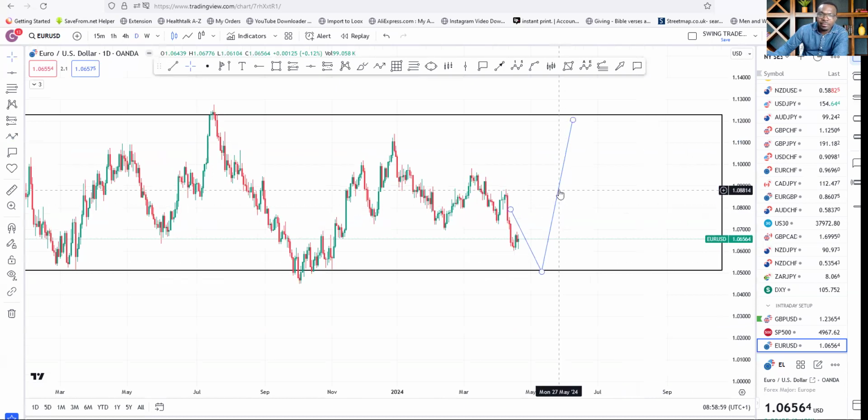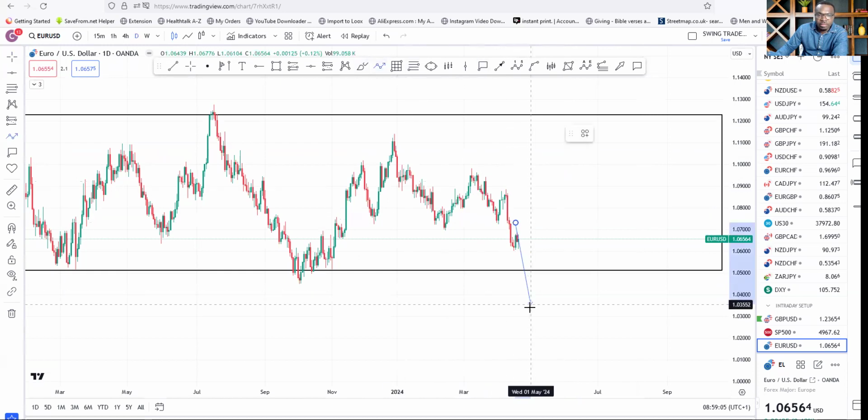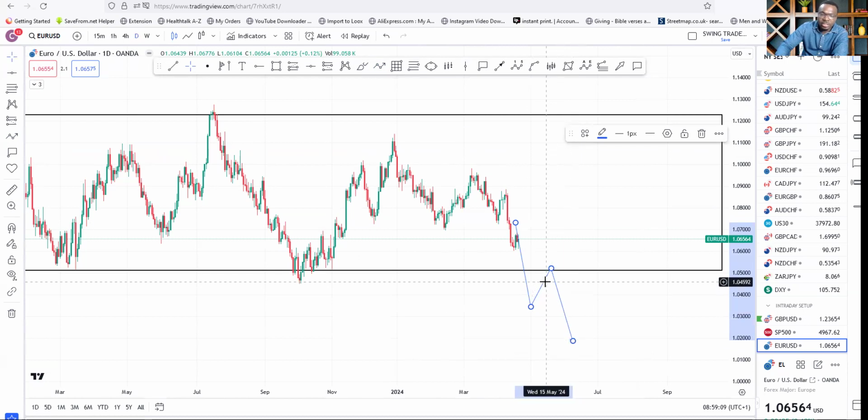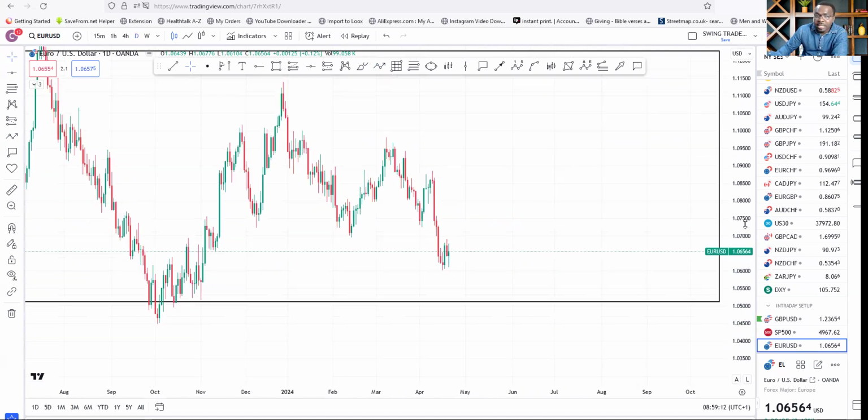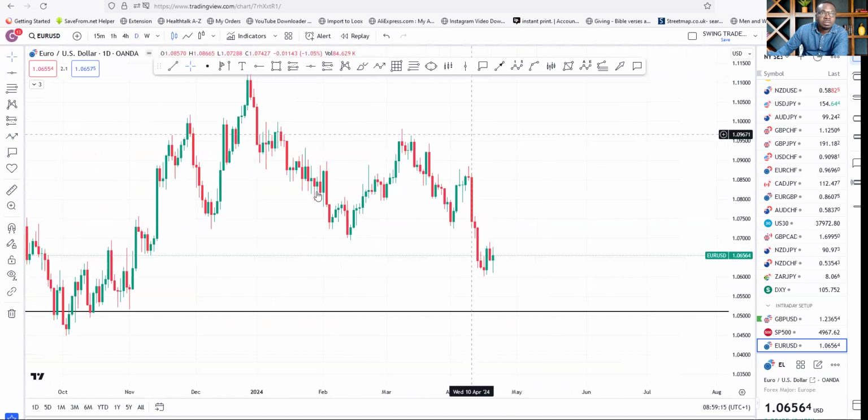But if it doesn't happen, then all we need to do is wait for price to break below, and then retest and then continue. So we must see a downtrend structure. It's already begun, as you can see on the daily.